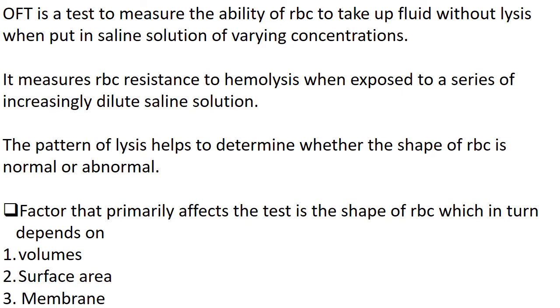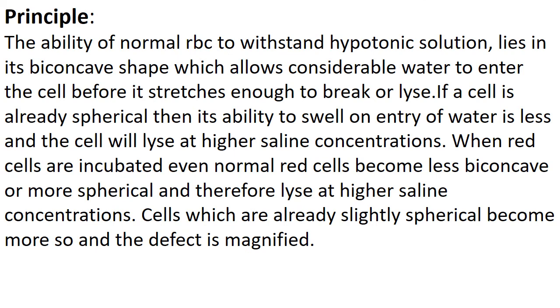The factor that primarily affects the test is the shape of the RBC, which in turn depends on volume, surface area and membrane. Coming to the principle: normal red cells in normal buffered saline solution, at a pH of 7, do not lyse.